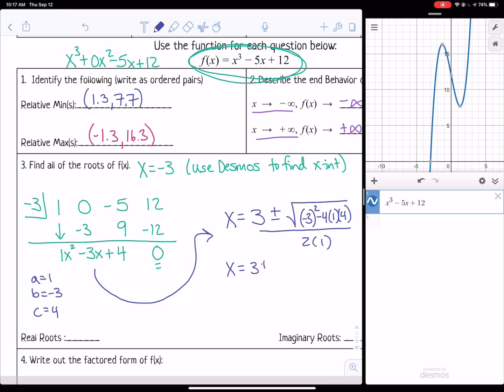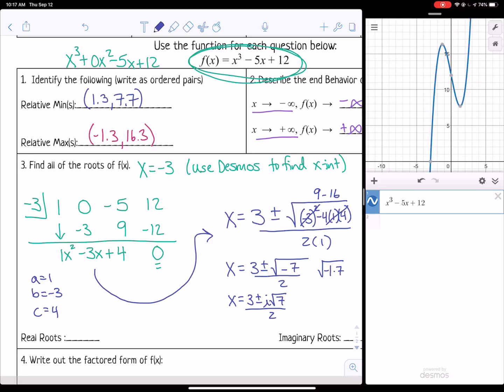So we just need to clean that up. x equals 3 plus or minus, and then that would be 9 minus 16 underneath there, which is -7. So the square root of -7 is like the square root of -1 times 7. So all we're really able to do is take out i and just leave the 7. And just leave it like that because you can't divide by 2, because they don't all divide by 2.